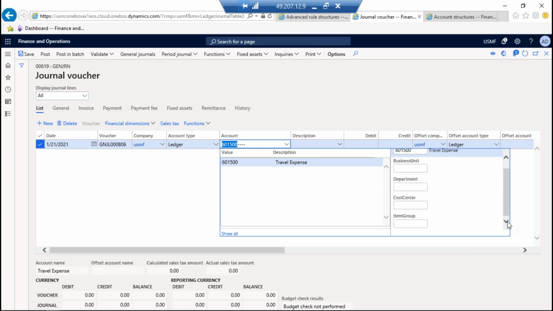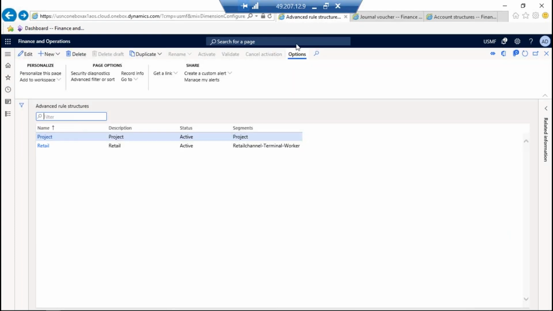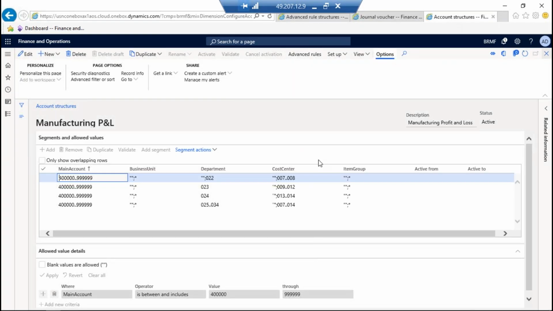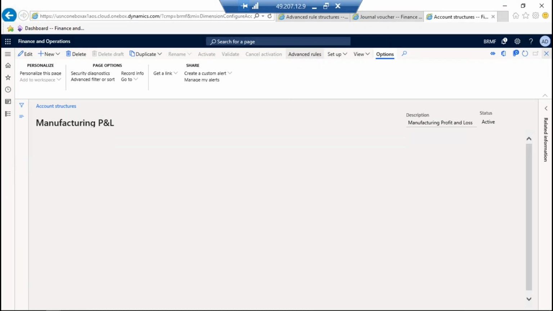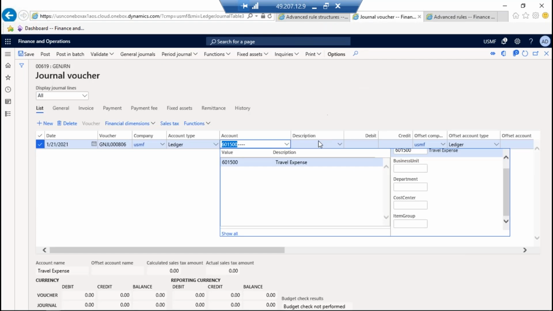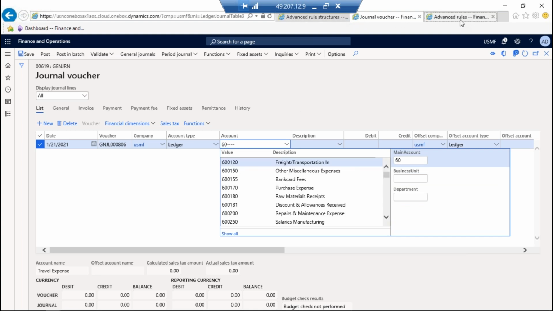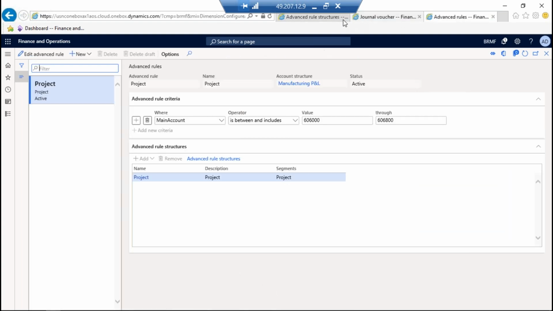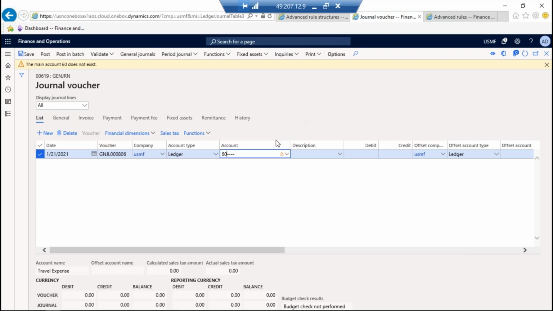Because here in the account structure, we have mapped business unit, department, cost center, item group. On top of that, we have mapped an advanced rule, like for 606000. If I am selecting 606, whatever you have mapped here, 606000, then look at this one.